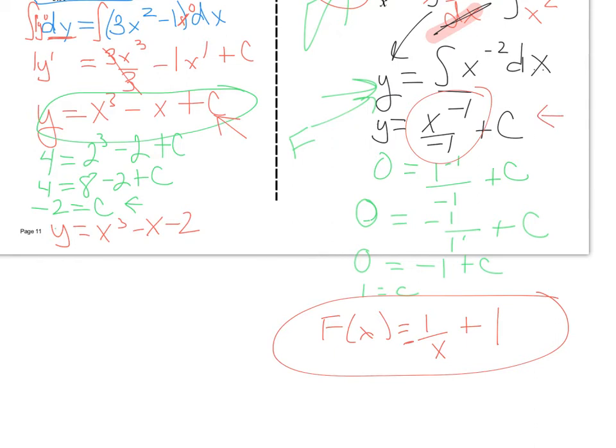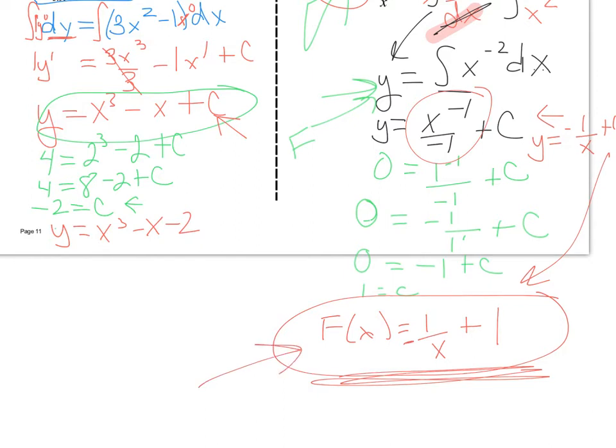Now, I guess I should say that rewriting this is really negative 1 over x plus c. So this is the particular antiderivative, the one that goes through that point up there, f of 1 equals 0. So that is the only antiderivative for this problem. It is not a family of antiderivatives. It is the answer that goes through that one point.